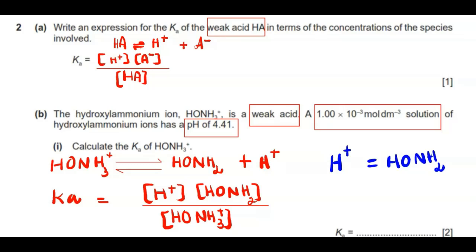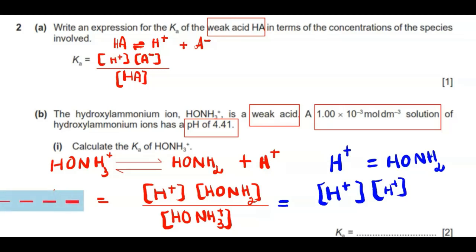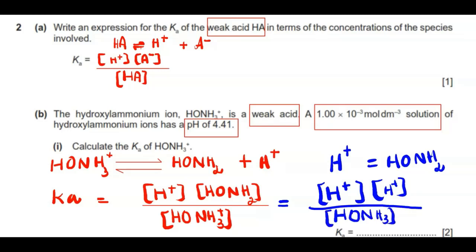So by modifying this expression, since they are equal to each other, we just put H plus, and it is divided by HONH3 plus.